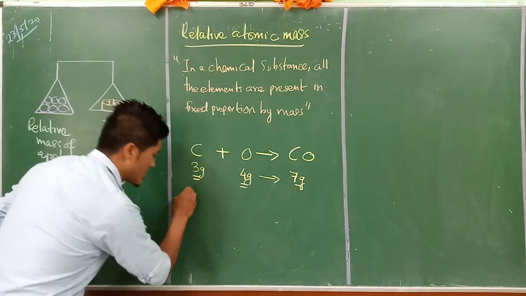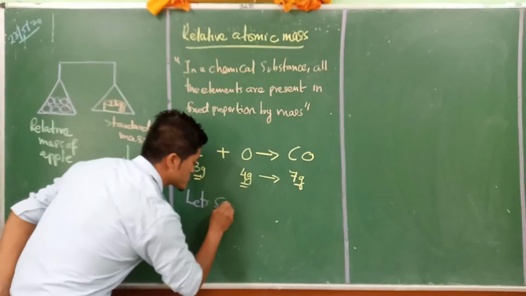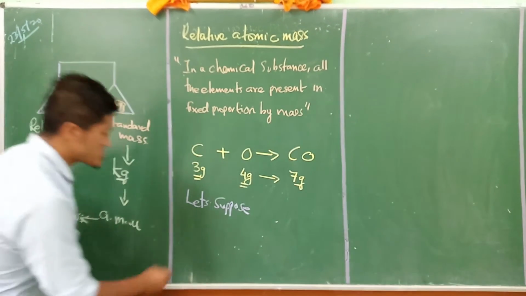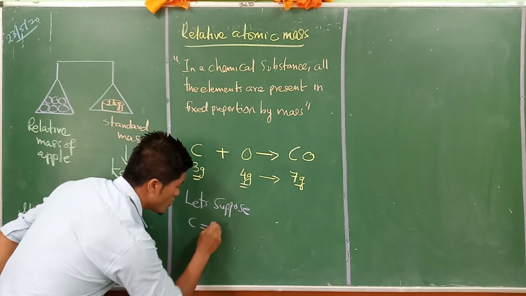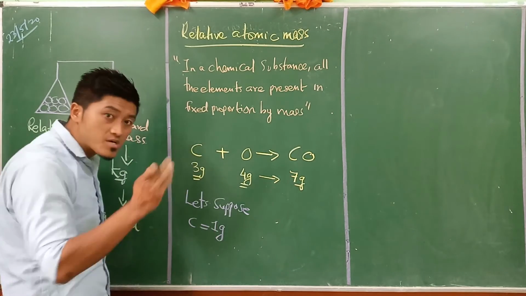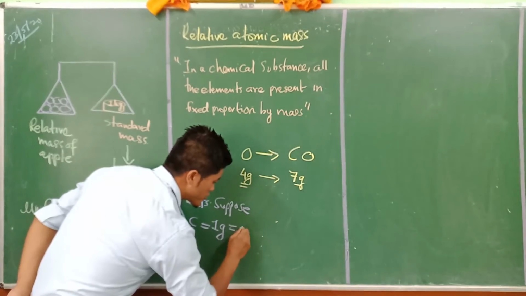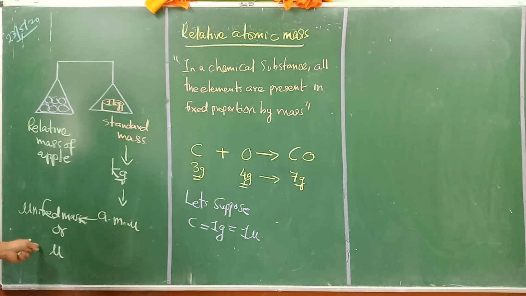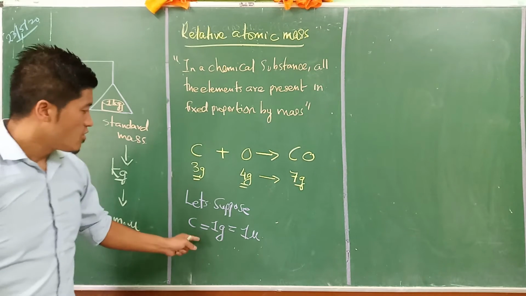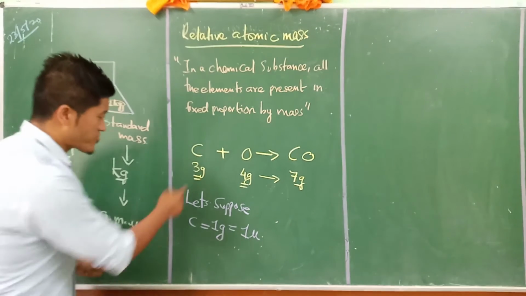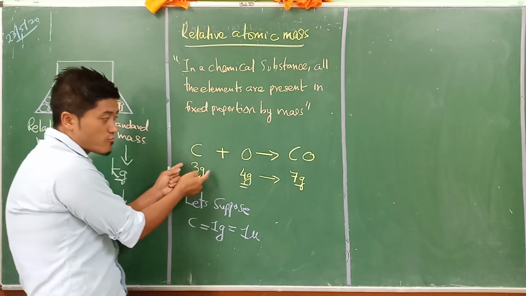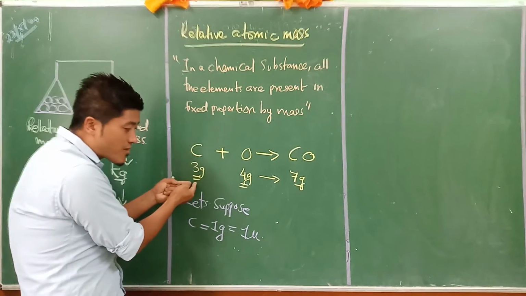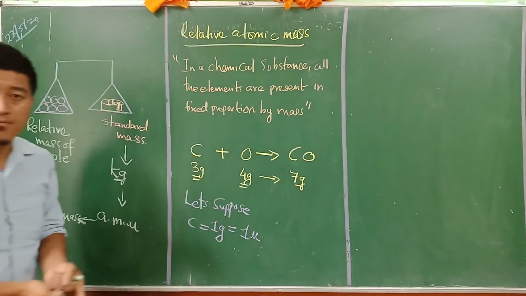Let's suppose, imagine, they took 1 gram of carbon as 1 u of unified mass. Now over here, 3 gram of carbon will always react with 4 gram of oxygen. If there is 1 gram of carbon, how much oxygen will there be?